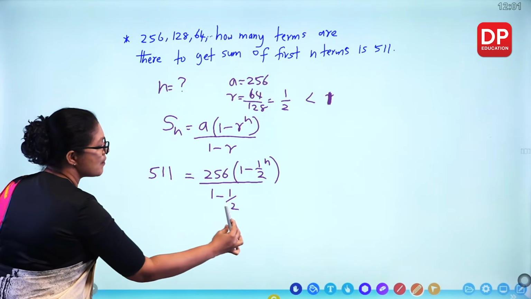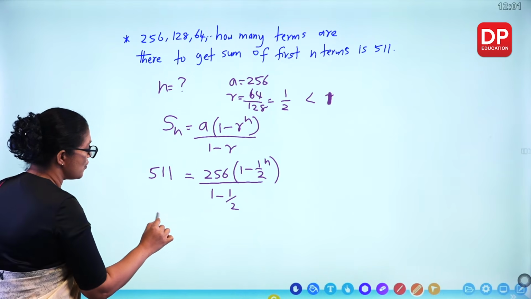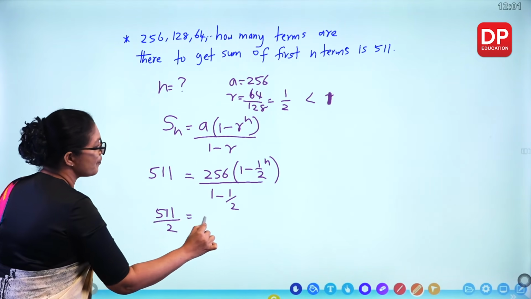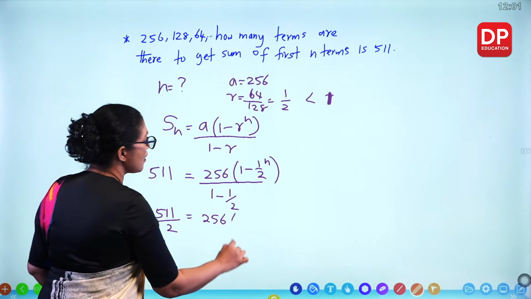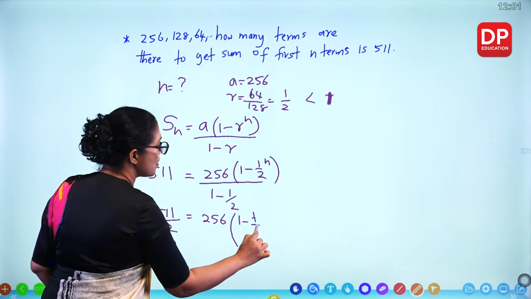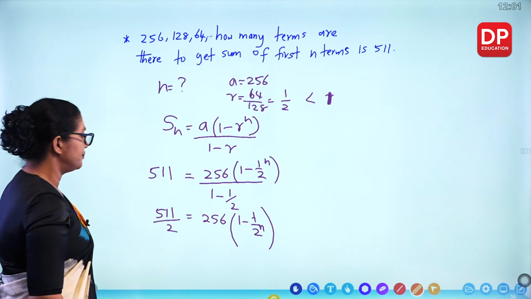So 1 minus half is half. When you multiply that with 512, you get 511 divided by 2, equals 256 times 1 minus half to the power n.